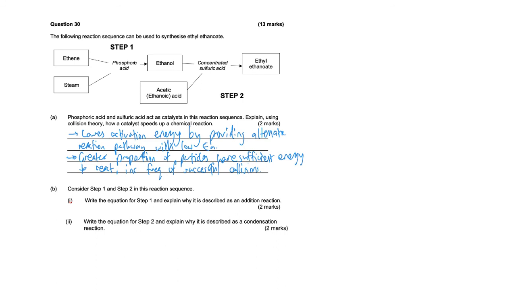Okay. Consider step 1 and step 2 for this reaction there. What the hell, step 2? Don't matter. Right. Write the equation for step 1 and explain why it's described as an addition reaction. Okay, fine. Addition reaction is because you're adding stuff to it. So ethene, I guess I'll write this as a structural formula, CH2=CH2 gas plus H2O gas goes to CH3CH2OH.